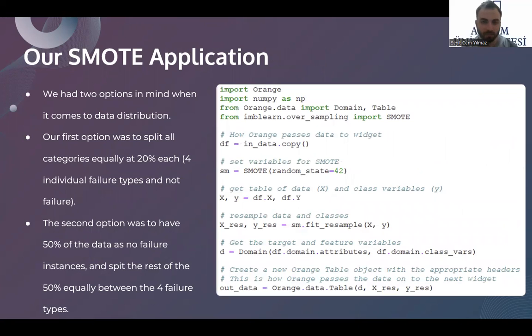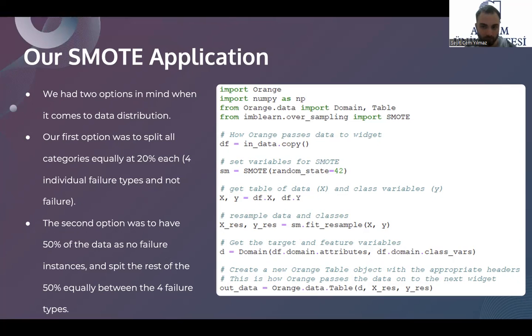Hi, I'm Seyit Cem Yılmaz from the Computer Engineering Department. We have two options when using SMOTE. The first one is to equalize the sample count of each categorical data to the highest categorical data. And the second one is having 50% no failure data and 50% failure data.